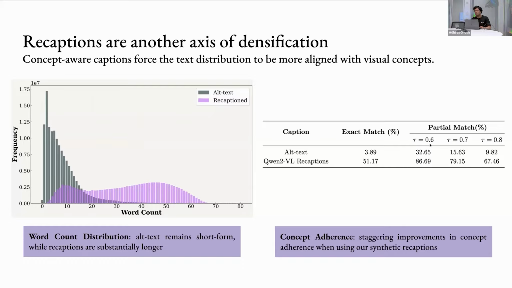We do a fuzzy match regime to check, depending on different thresholds, how high it goes. It's still fairly poor. With our recaptions, we have more than 50% exact match. And if we keep the threshold at 0.6, we have close to 90% concept adherence, which is a very, very good resource to have, I would argue.